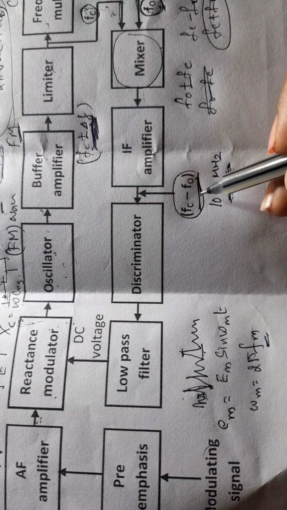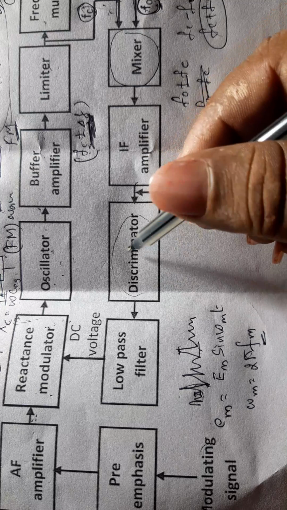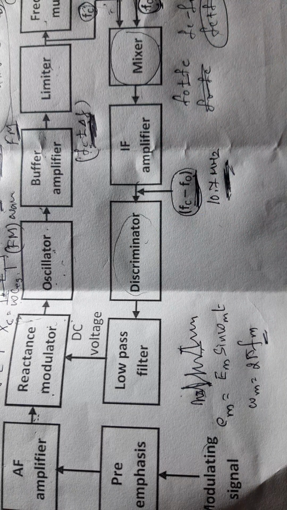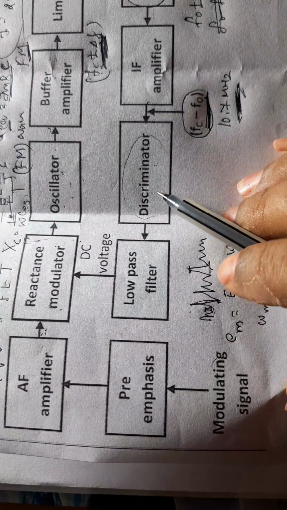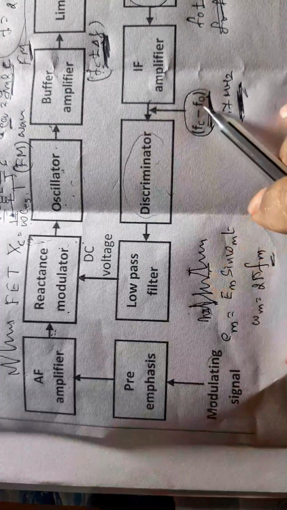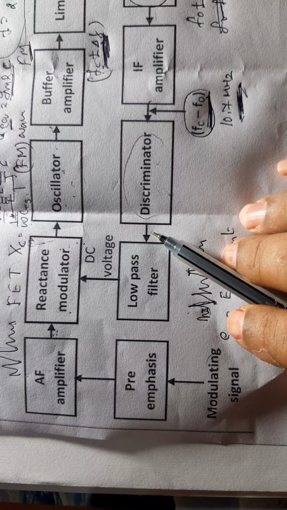And this signal frequency fc minus f0 is applied to the discriminator. Discriminator usually changes the frequency into voltage. This discriminator changes this difference in frequency into the corresponding voltage.